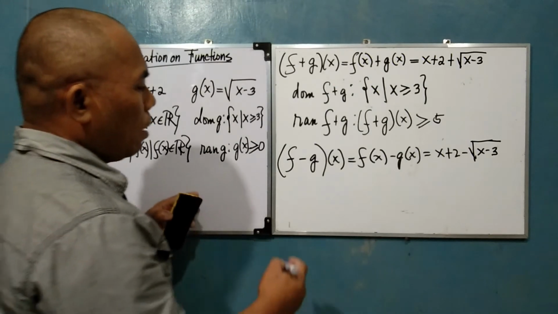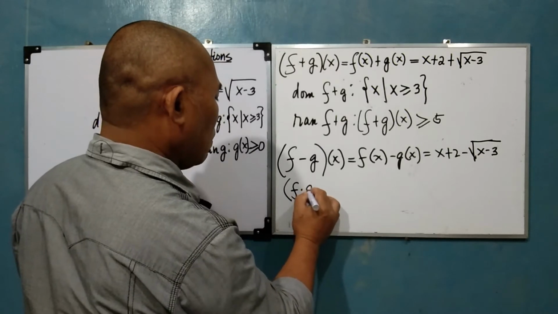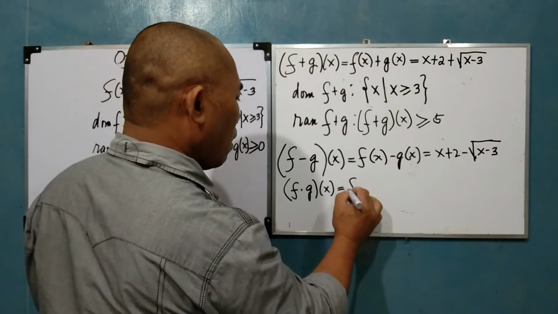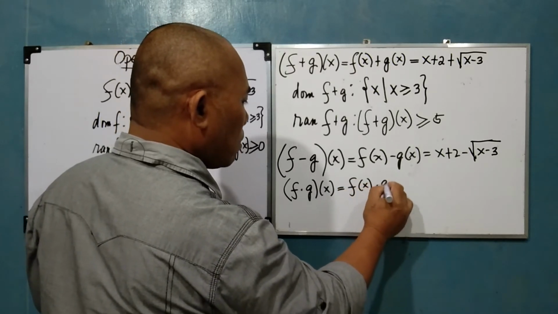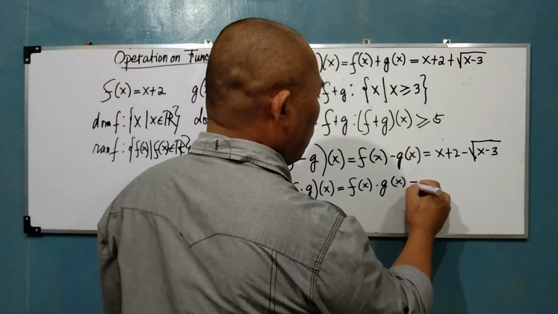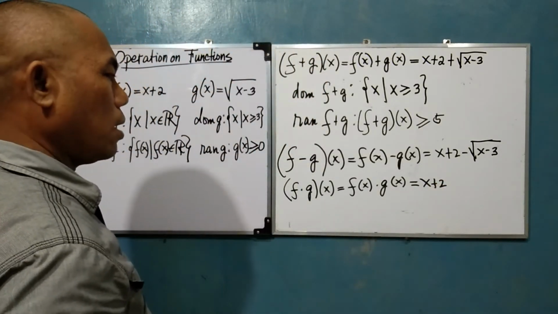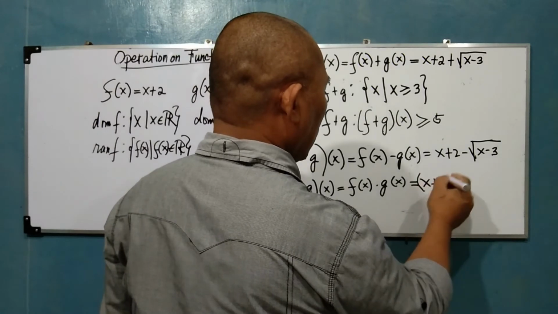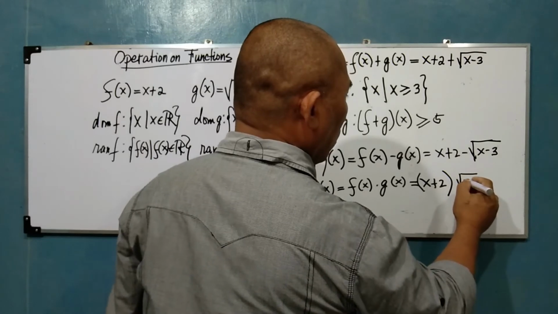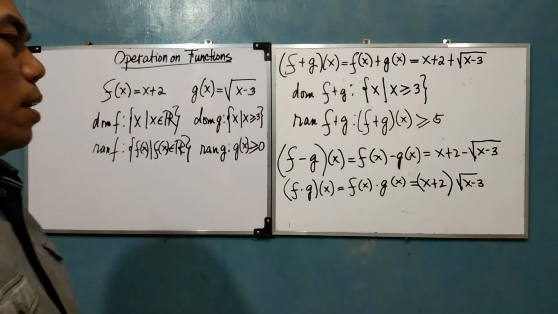So, the same thing. What about the product? So, let's have f times g of x. That's equal to f of x times g of x. Just substitute. You will have x plus 2 times your g of x, the square root of x minus 3.